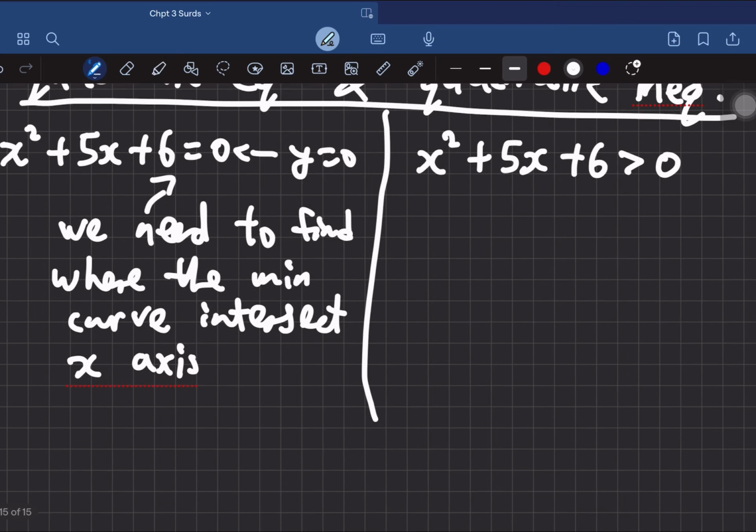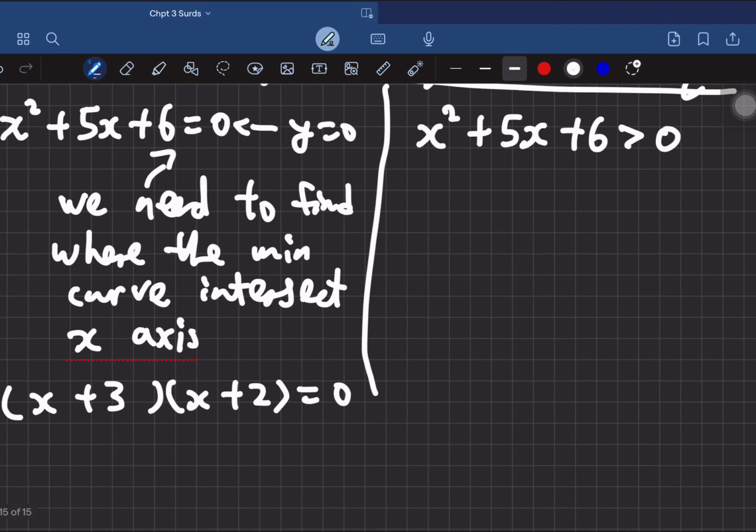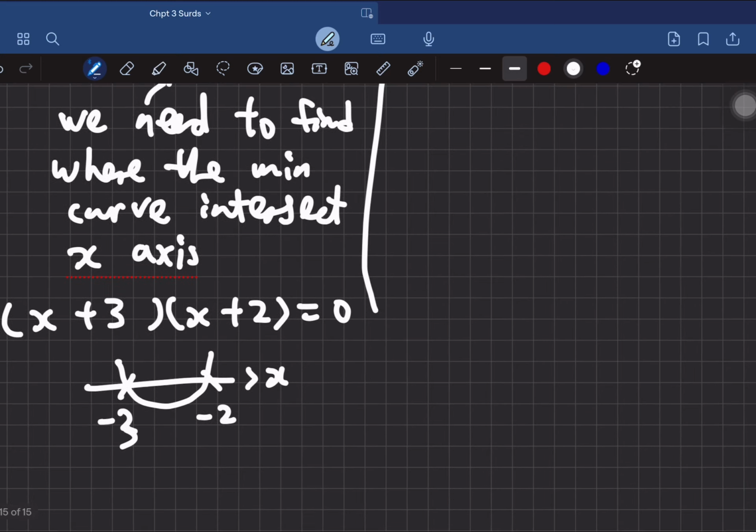So with this, we will continue. I'll use the factorization method to solve. So (x plus 3)(x plus 2). Which means that the curve will cut the x-axis at -3 and -2. That's why the answer is x equals -3 or x equals -2.